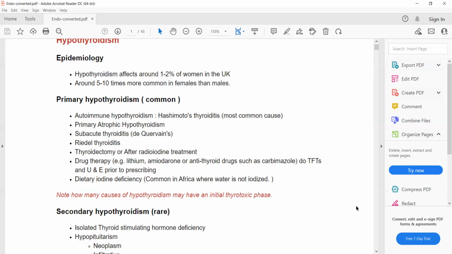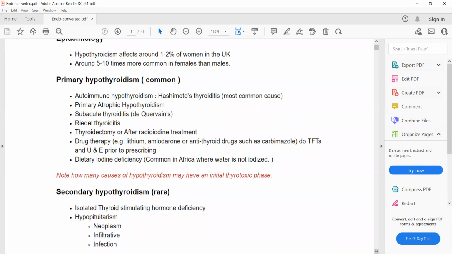So, what is primary hypothyroidism? In primary hypothyroidism, there is decreased production of the thyroid hormone. And we all know that thyroid hormone is synthesized and secreted by the thyroid gland.